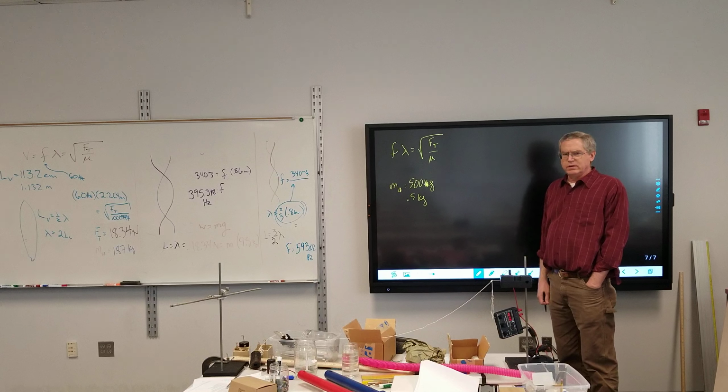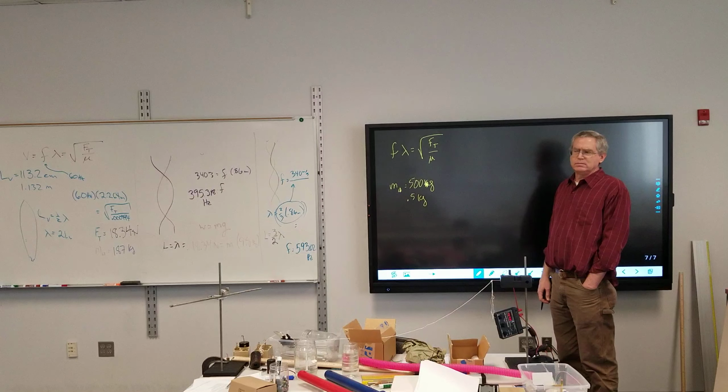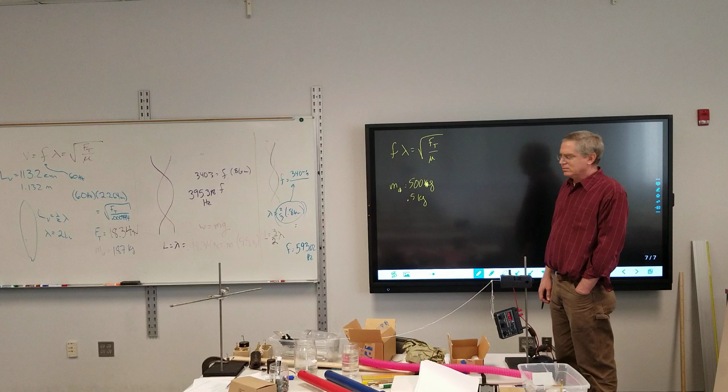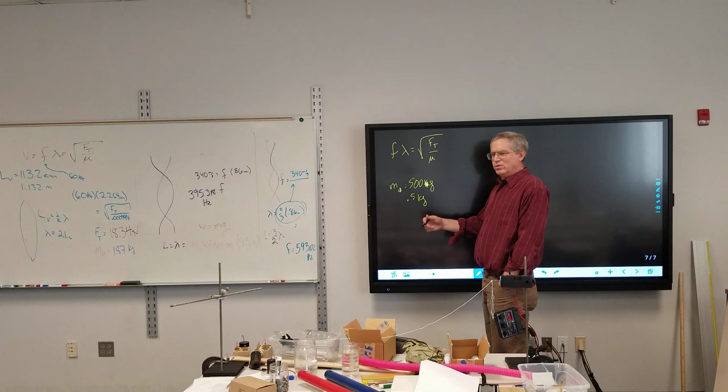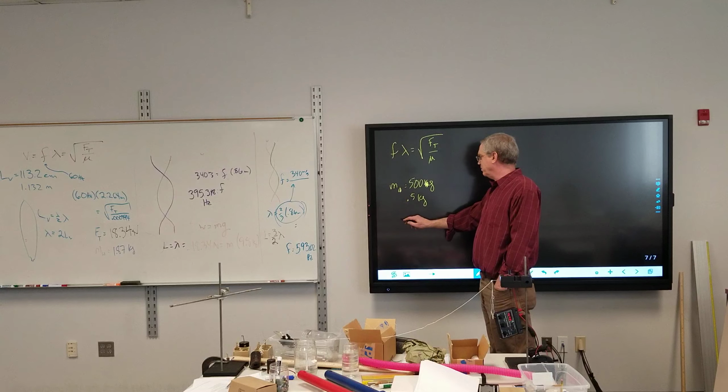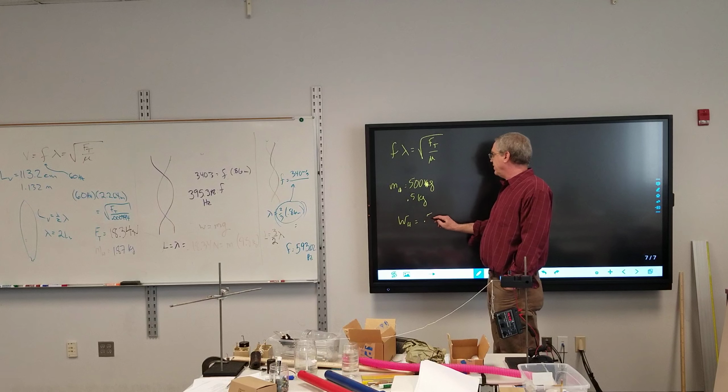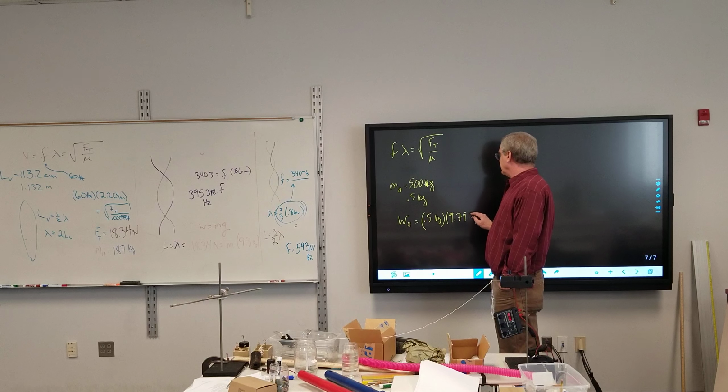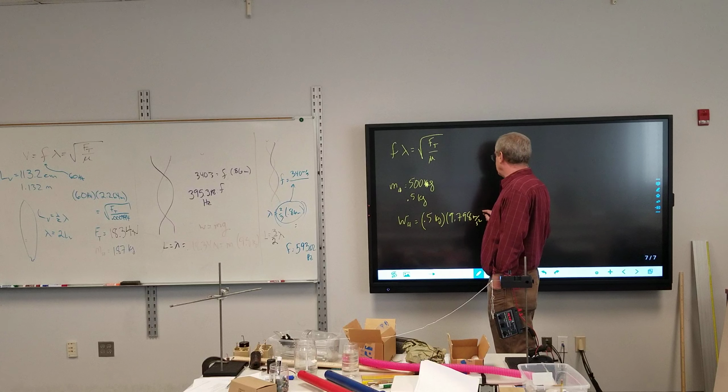So from this, how would I find the tension? Multiply by 9.8. Let's go ahead and do 9.798 since we're dealing with that specifically here. So my hanging weight is 0.5 kilograms times 9.798 meters per second squared.